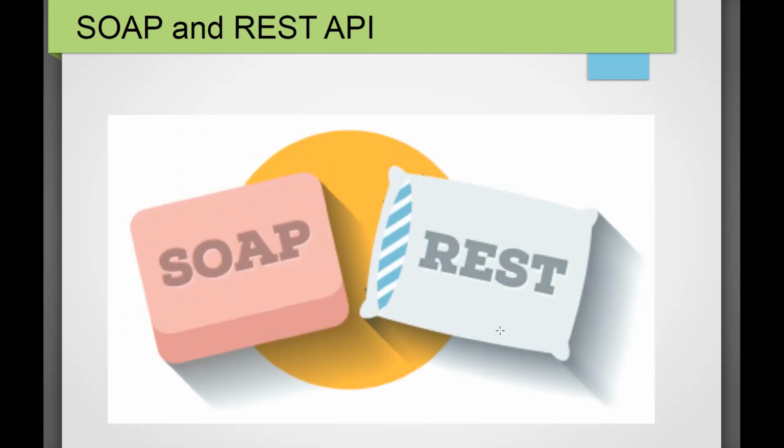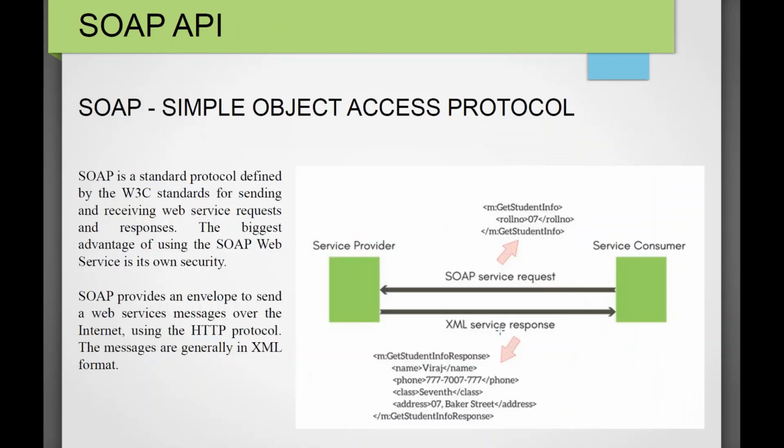Now we'll talk about SOAP and REST API. SOAP stands for Simple Object Access Protocol. It's a standard protocol defined by the W3C standard for sending and receiving web service requests and responses. The biggest advantage of using SOAP web service is its own security, because it sends the request in the form of an envelope.